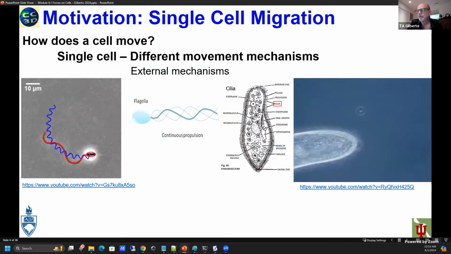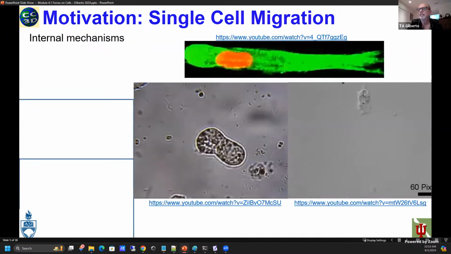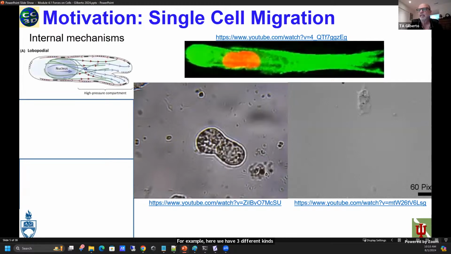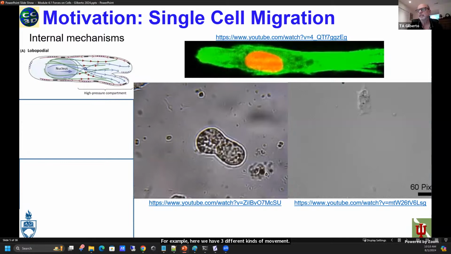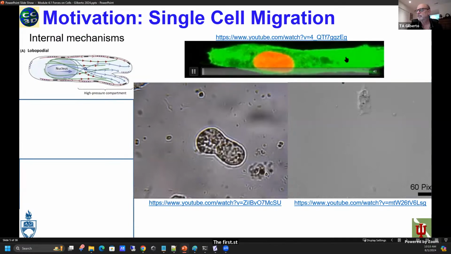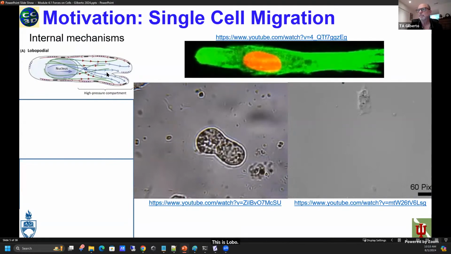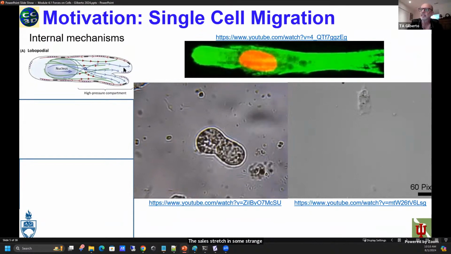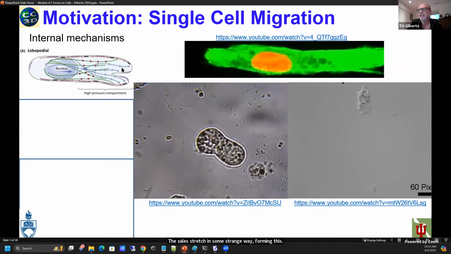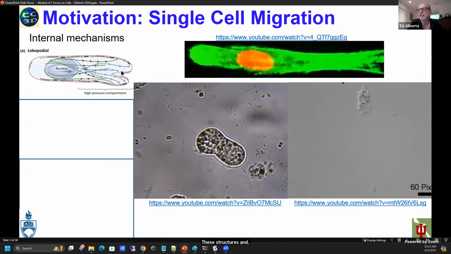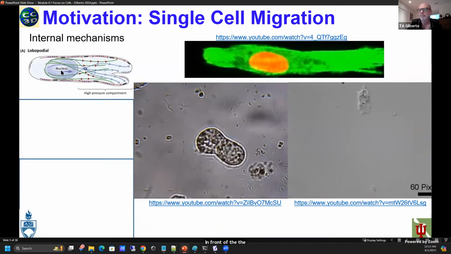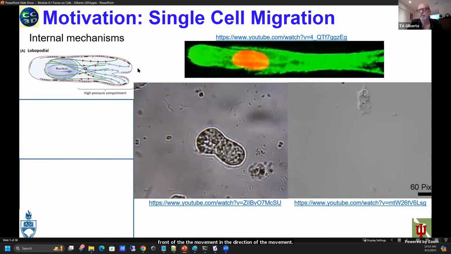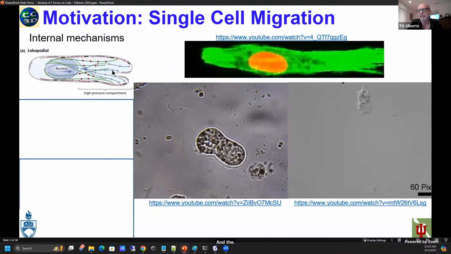But the movement mechanism can also be internal. Here we have 3 different kinds of movement. The first one is the lobopodial movement. The cell stretches, forming these structures in the direction of movement, and pulls the nucleus in that direction.